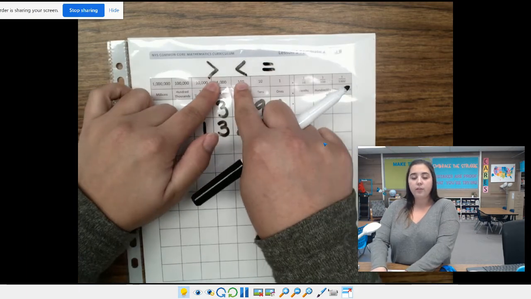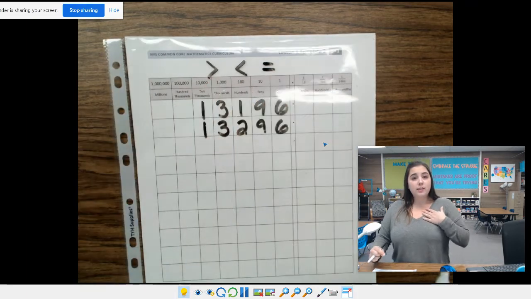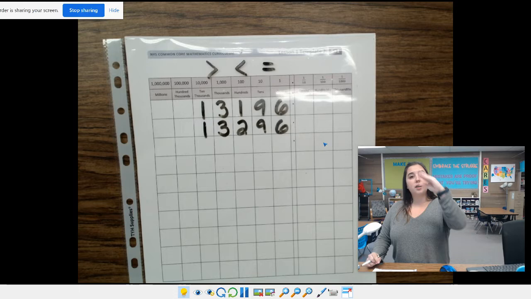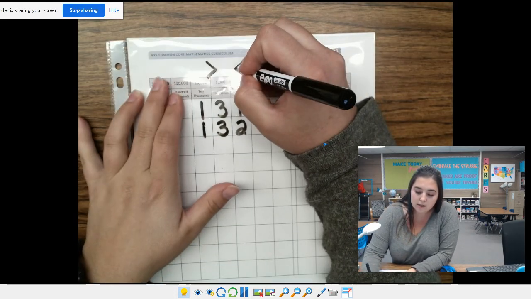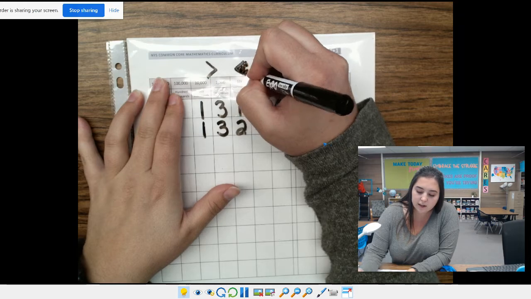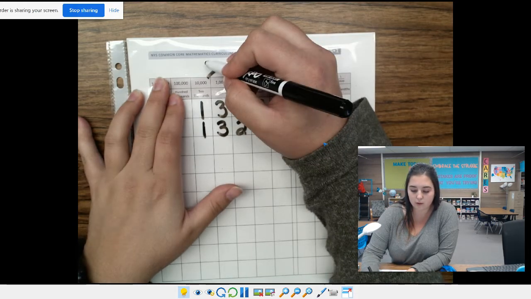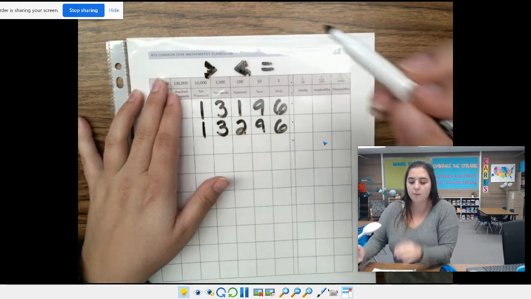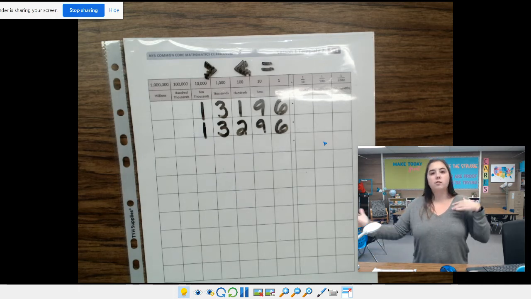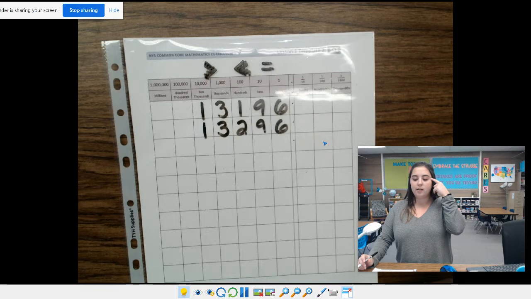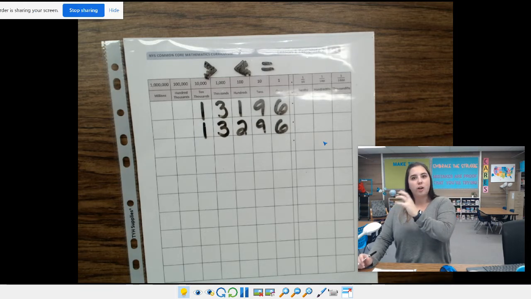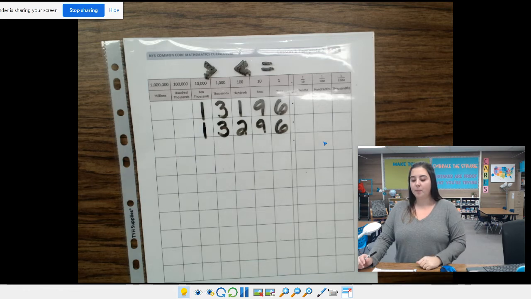And then with the greater than or less than sign, I always think about it as an animal wanting to eat the larger of the numbers. So sometimes we can draw in little teeth that'll help us remember. It's very hard with a whiteboard marker. But the animal, shark, Pac-Man, whatever you use to think about it, always goes towards the bigger number because it's hungry. It wants to eat the biggest thing.